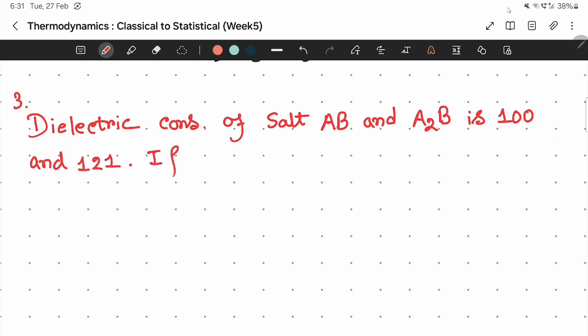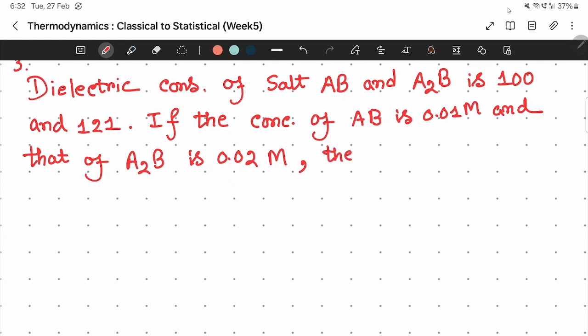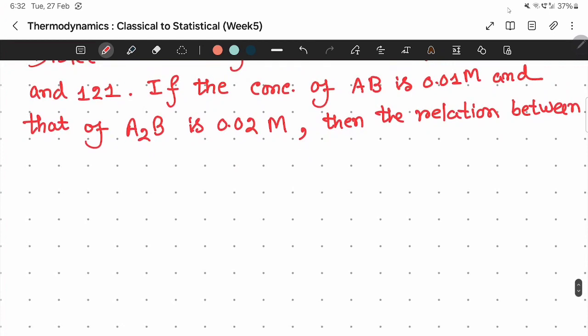If the concentration of AB is 0.01 molar and that of A2B is 0.02 molar, then what is the relation between the Debye screening length, that means RD, at the same temperature?